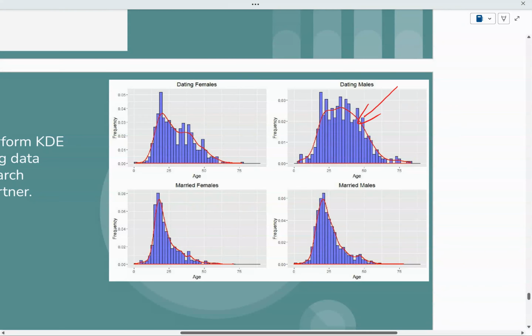So if you want to fit this data, you need to use something more advanced like KDE. This right here is also not a Gaussian, even though it looks pretty close. However, this you definitely cannot use a Gaussian distribution to fit. So, like I said, KDE is the method that can fit any, and I mean any, shape.